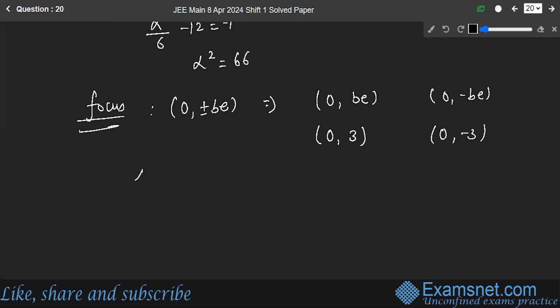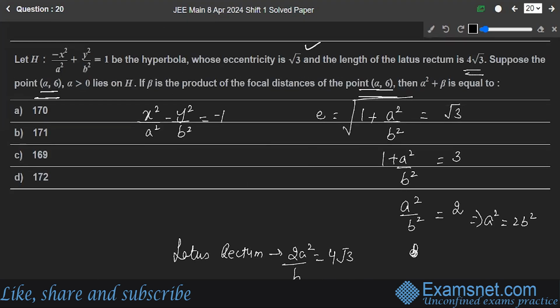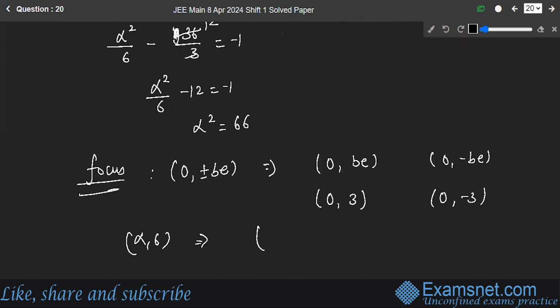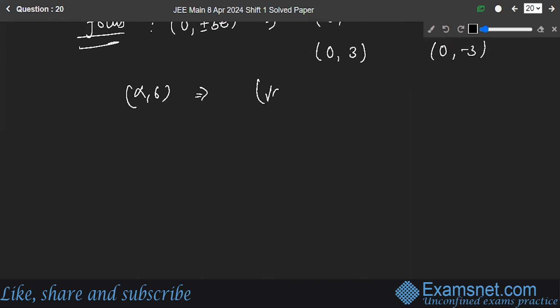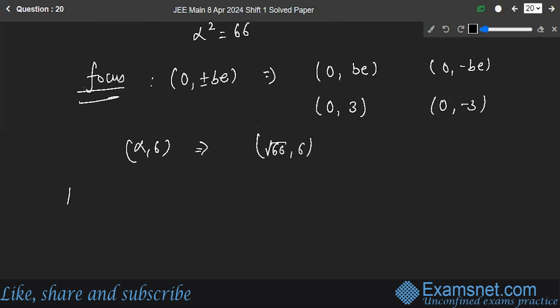And the point alpha comma 6 will be given by this point, correct? And the distance, you can say d1, will be given by root of (6√6 minus 0) square plus (6 minus 3) square.